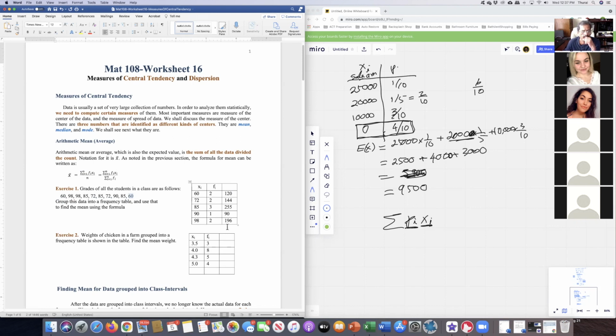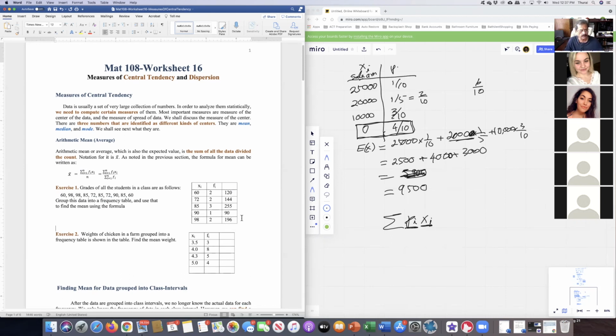That's all. So if I add these up, that's the same as the sum of all the data. And so let's do that. What do we get? 196, I'm using my calculator now to add them, plus 90 plus 255 plus 144 plus 120. 805.